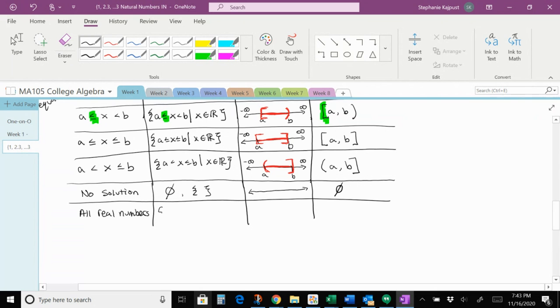Now, all real numbers, and I think it might be a quiz question or a homework question on this. If you want to write it as a set, you can write it with x and then that vertical bar, then x is a real number. I think ALEKS wants you to actually write "is a real number," which is a lot to write. That's why I use the shortcuts and the symbols, because it doesn't take so much to write.